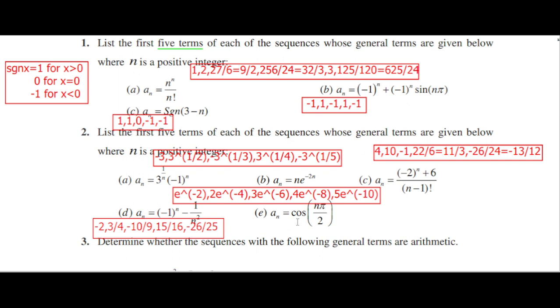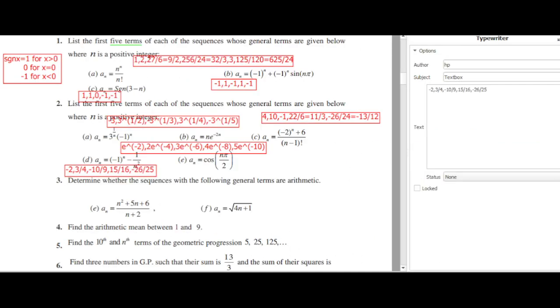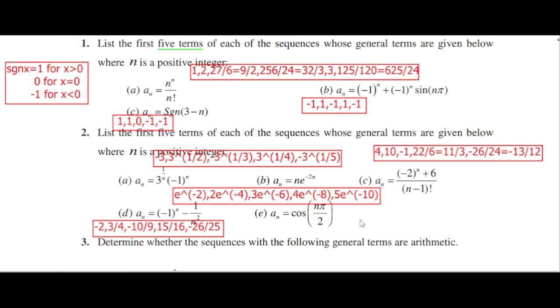Let's compute question number E. Okay, for the first term substitute 1 here: pi over 2, that is 90 degrees, cos 90 degrees is 0, comma. When you substitute 2, cos pi is minus 1, comma.